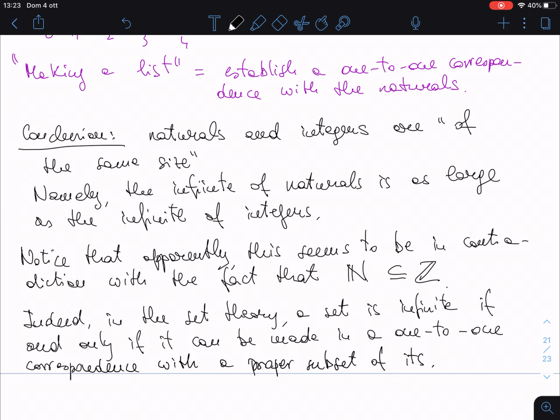In the true axiomatic set theory, this is the definition of infinite sets. So try to reason of that.